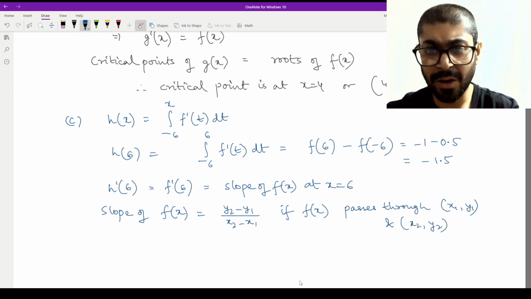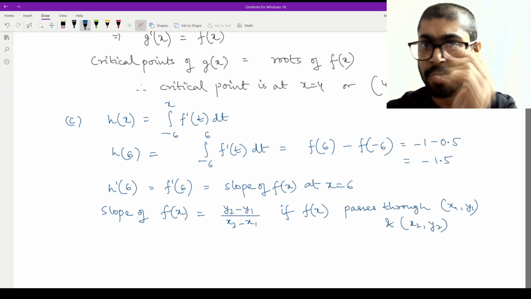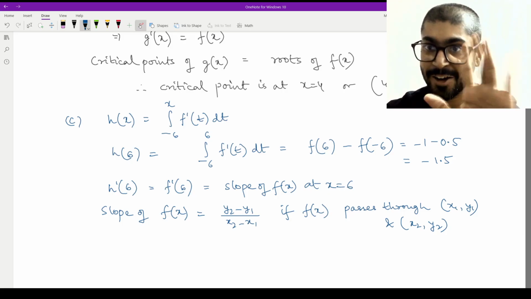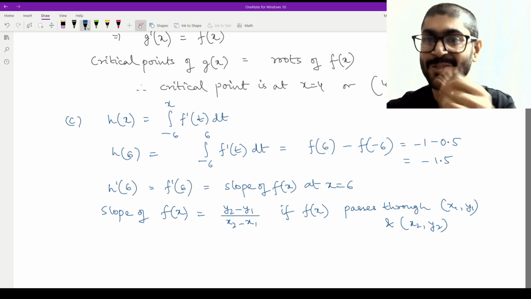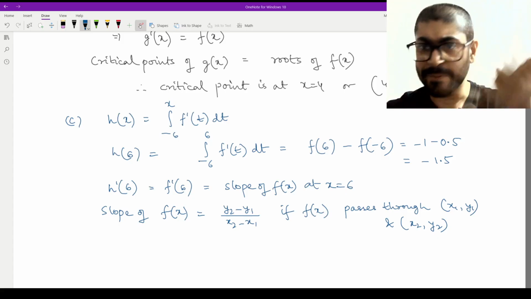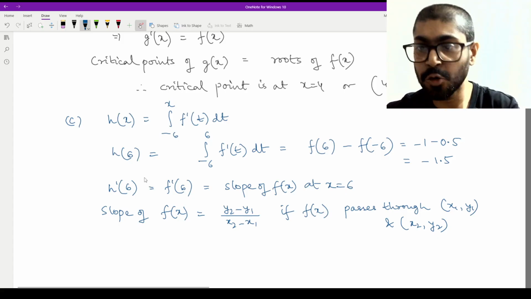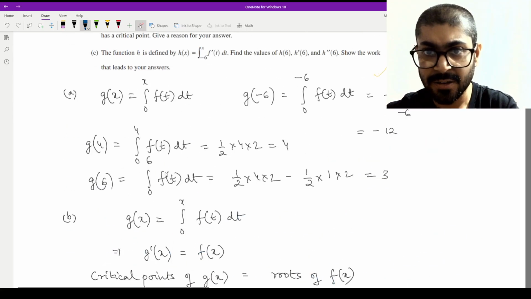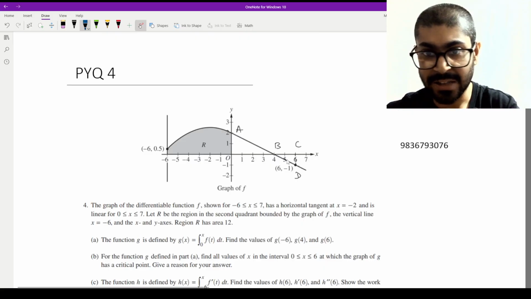This is a formula from coordinate geometry which you have learned, hopefully, the basics. Now slope is given by m equal to y2 minus y1 by x2 minus x1. Now we would need two coordinates through which f of x passes. Those are clearly with us, A and B.